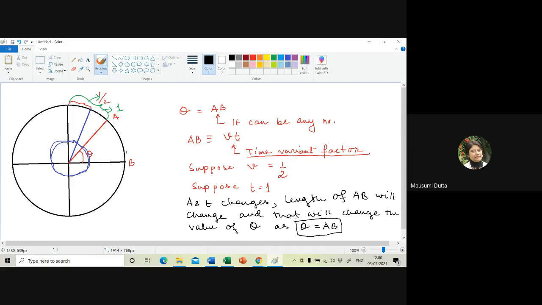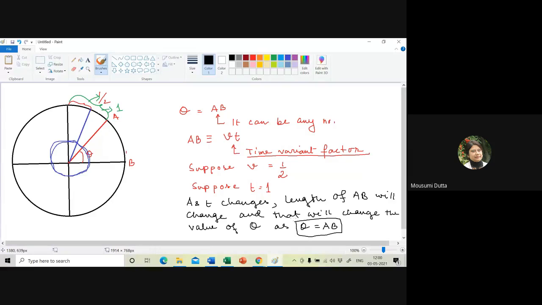Is it understandable? Yes, ma'am. So I am moving the radius clockwise along the circumference of the circle, and that is changing, on one hand, the length of the arc, that is the length of AB, and by changing AB we are basically changing theta too.